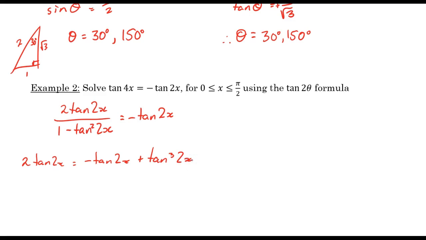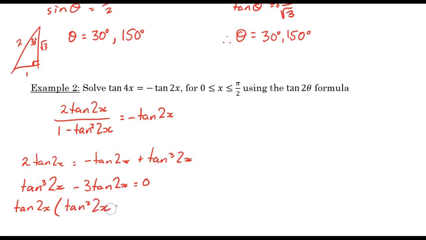And rearranging these things a little more, I've got tan cubed 2x minus 3 tan 2x equals 0. We'll factorise. I'm going to take a tan 2x outside of tan squared 2x minus 3 equals 0.